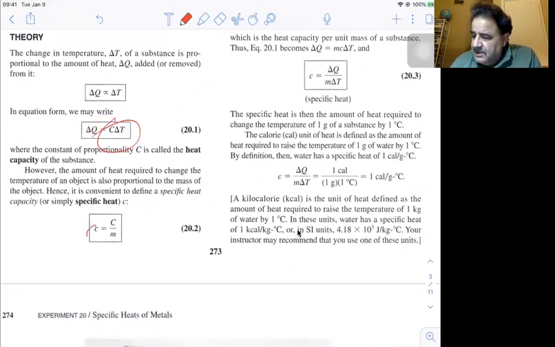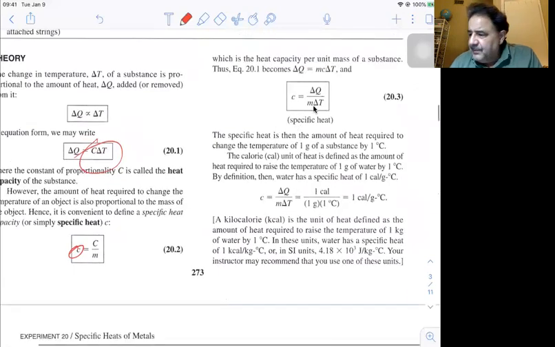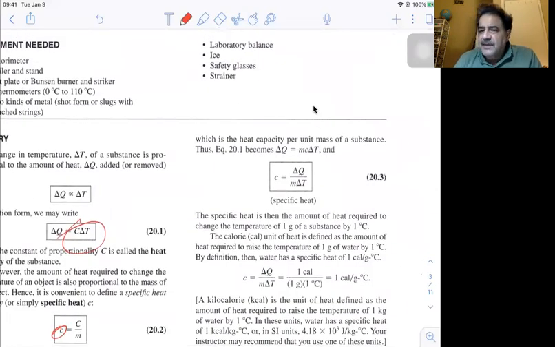This lowercase c is specific heat, and we're going to deal with the lowercase c, specific heat, which this equation says is equal to the amount of energy divided by the mass divided by the change in temperature.